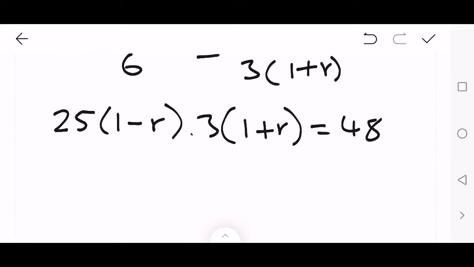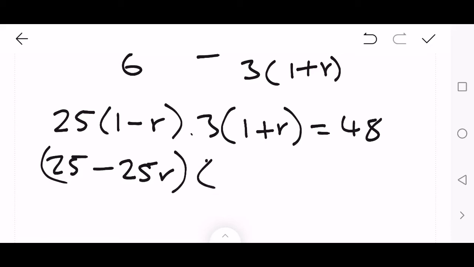Now let us distribute 25 and 3. So we will have 25 times 1, that's 25. 25 times r, that's minus 25r. Now 3 times 1, we have 3. 3 times positive r, that's plus r, equals 48.